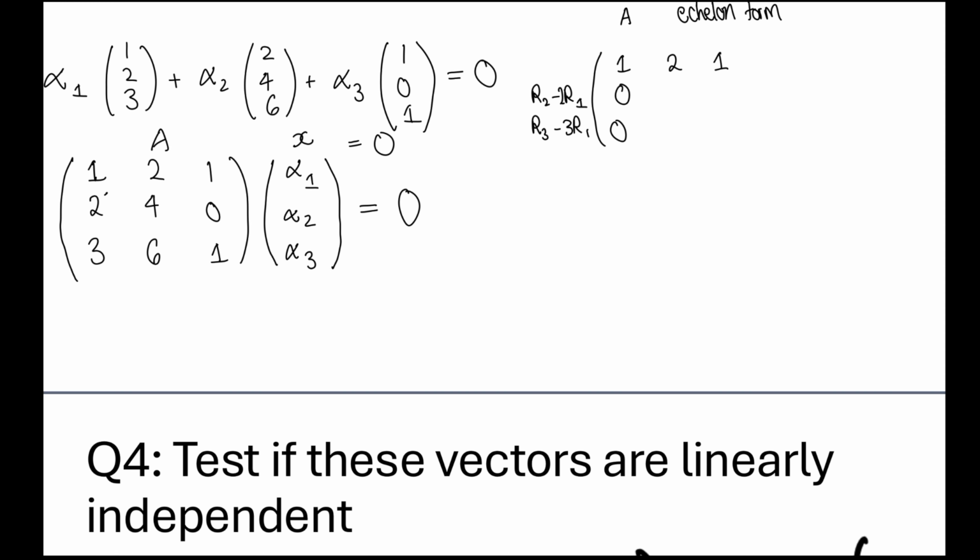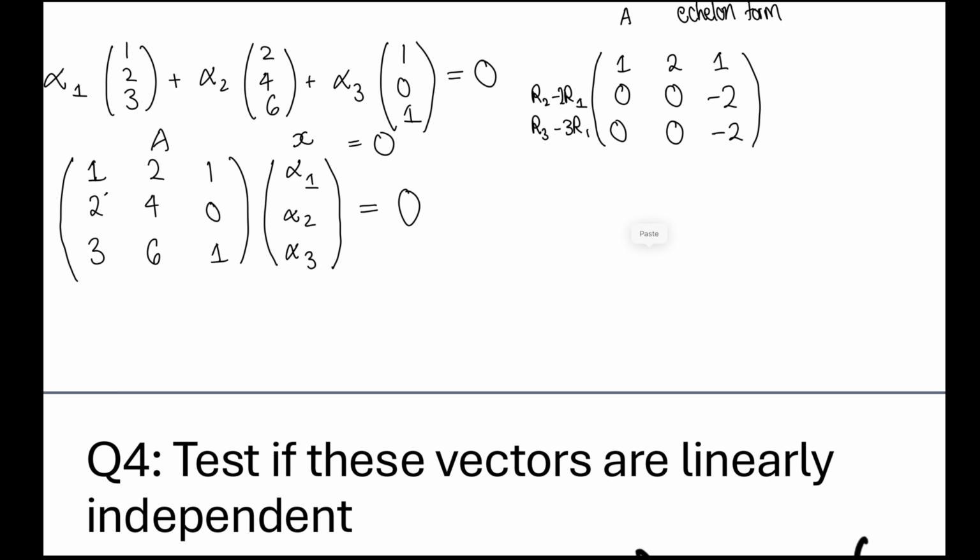So we have 0, 0, and then 4 minus 2 lots of row 1 is 0, and 6 minus 3 lots of row 1 is 0, and then 0 minus 2 lots of row 1 is minus 2, and 1 minus 3 lots of row 1 is minus 2.